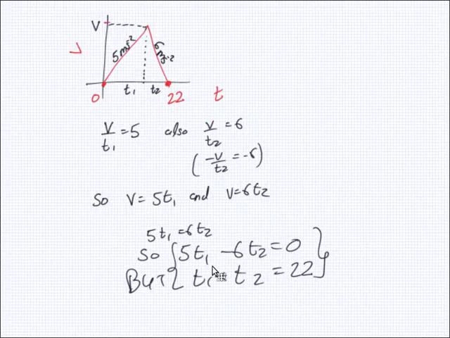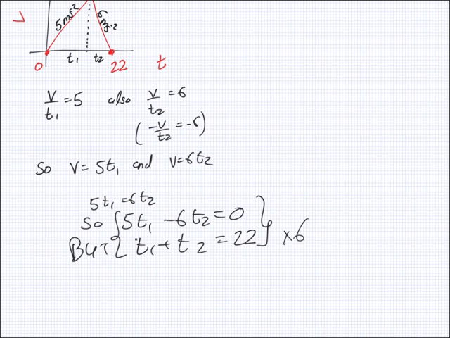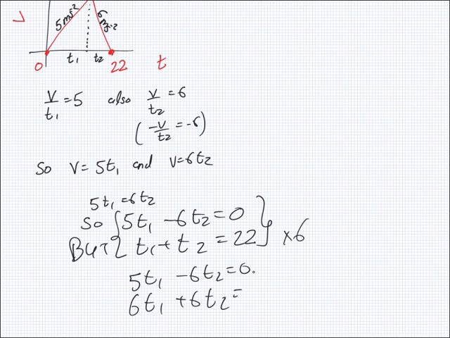Just the maths. So let's try and solve this. I'll multiply this by 6. So that's 5T1 minus 6T2 equals 0. 6T1 plus 6T2 equals 6 times 22, whatever that is, 132.